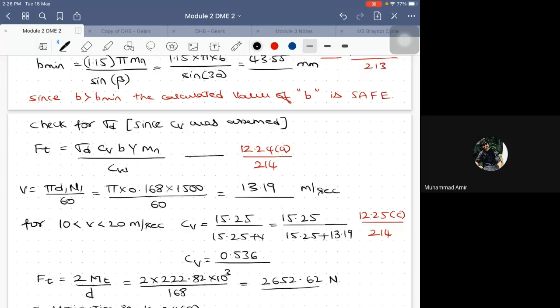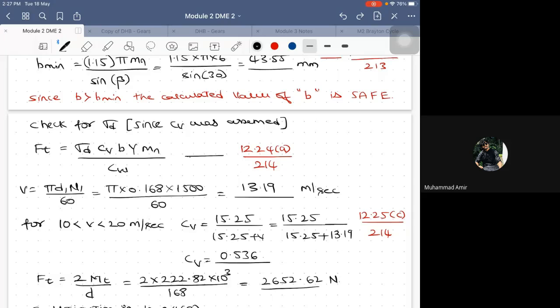Just check this particular value. Correct? 2656.61? Okay, correct it: 2652.61.